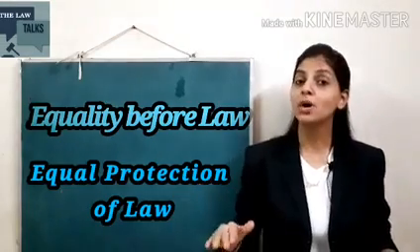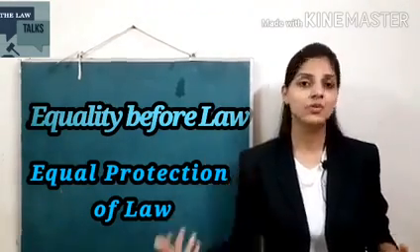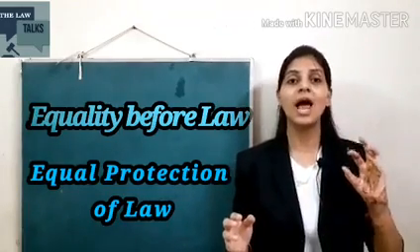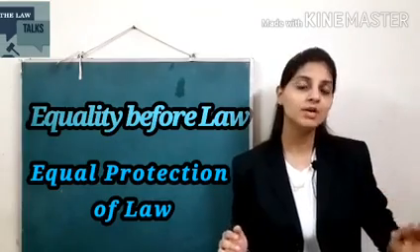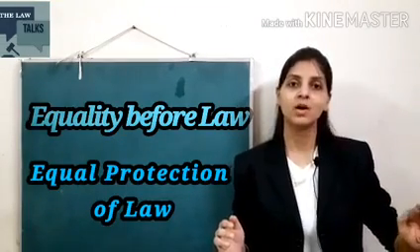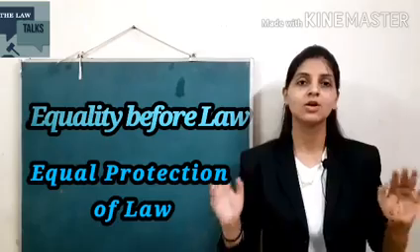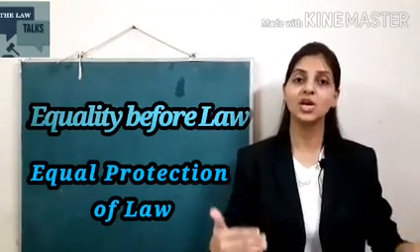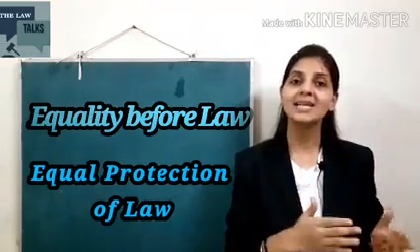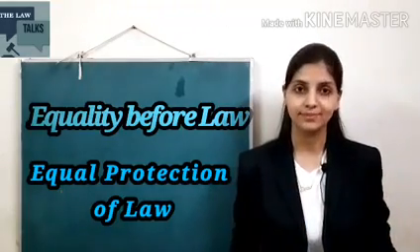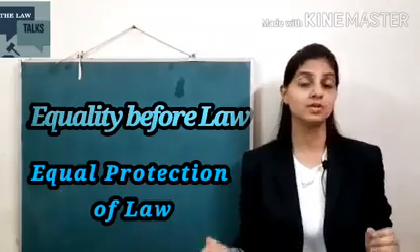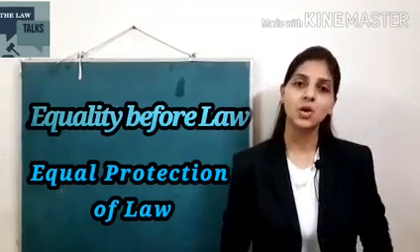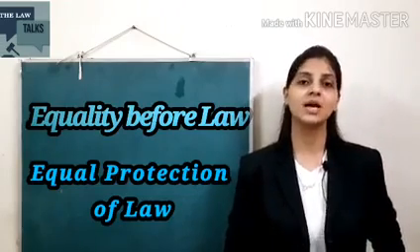When we talk about the equal protection of law, it provides for certain important reservations for a particular group of people or particular class of persons, so as to promote them, so as to bring them socially and educationally upwards. So that is equal protection of law. I hope I'm clear with both these terms, and now we'll be proceeding with the third thing, which talks about the applicability of this article.